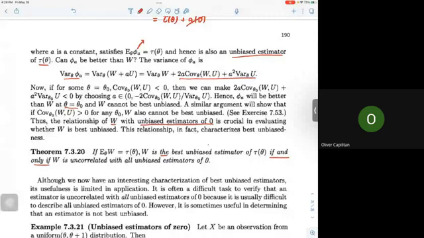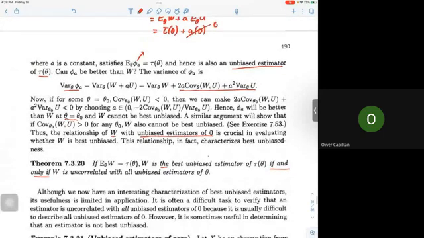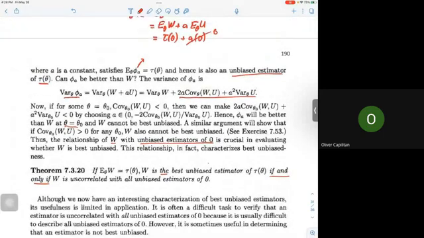Because if W is uncorrelated with all unbiased estimators of 0, then the covariance is equal to 0. Ito, equals to 0 yan siya. Uncorrelated.